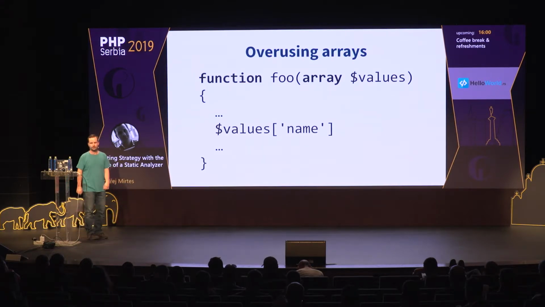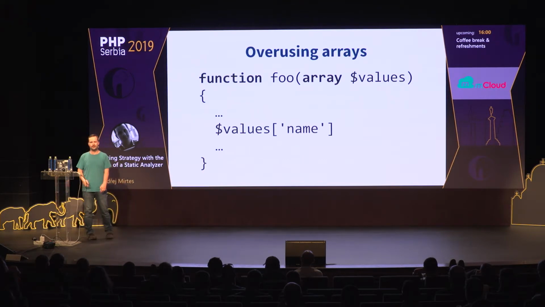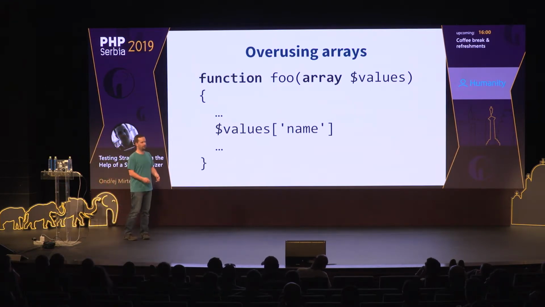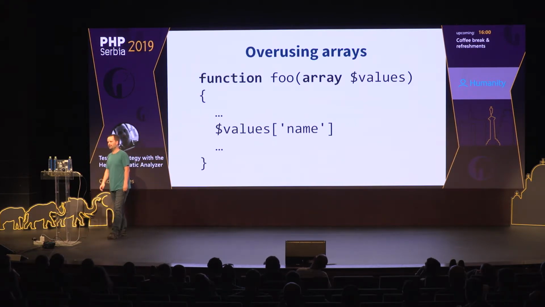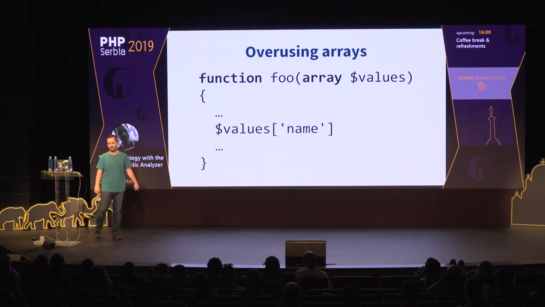Another tip, what you should avoid, is overusing arrays. With proper type hints, you actually can't call a method in a wrong way. But if you type hint only an array, you are not telling the user how the array should look, so they can pass whatever they want inside a function. Again, you have to spend some time during runtime at the beginning of the method body checking if the passed array is actually valid. But we have a different way of doing that, and that's using objects.